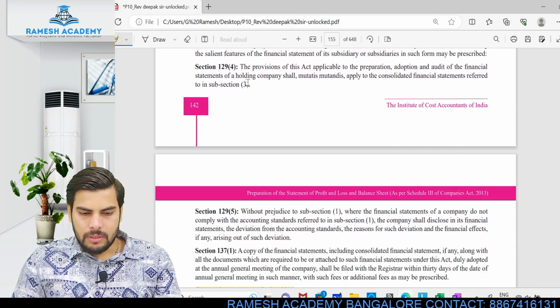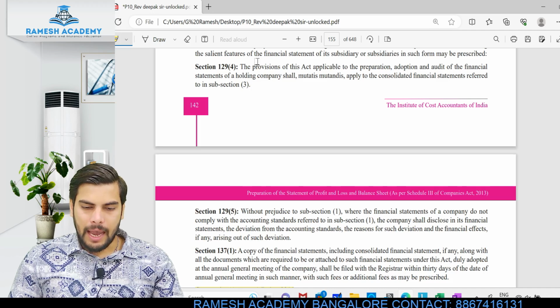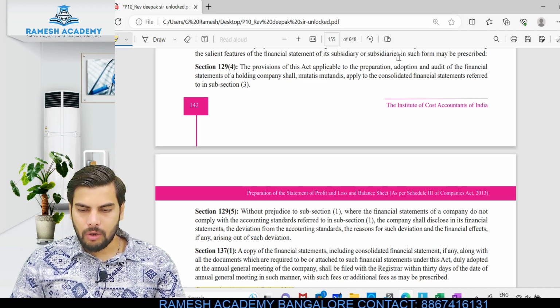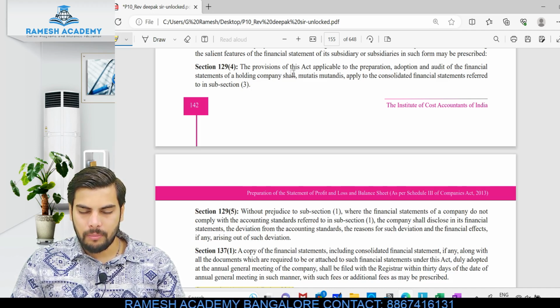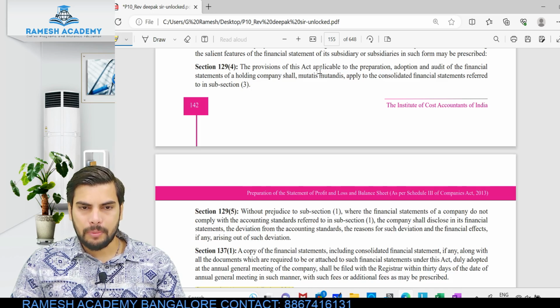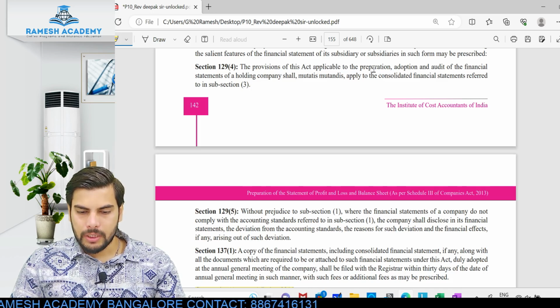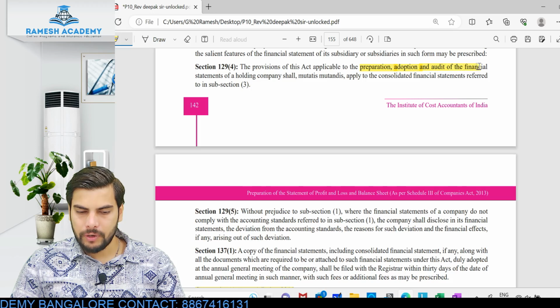Then when it comes to subsection 4, the provisions of this Act applicable to the preparation, adoption and audit of financial statement of a holding company shall mutatis mutandis apply to the consolidated financial statement. So whatever provision is applicable with respect to preparation, adoption and audit of financial statement shall apply mutatis mutandis.